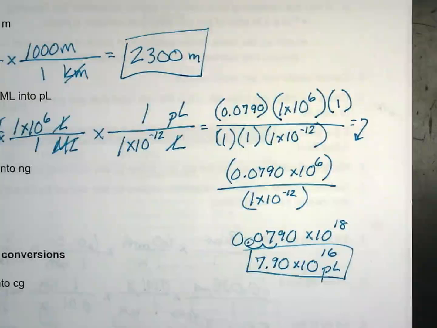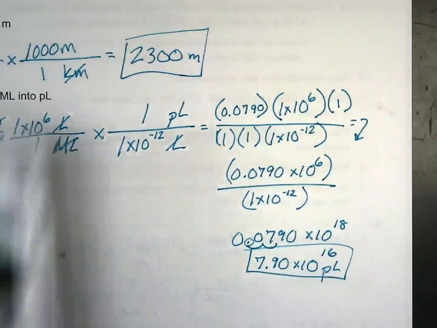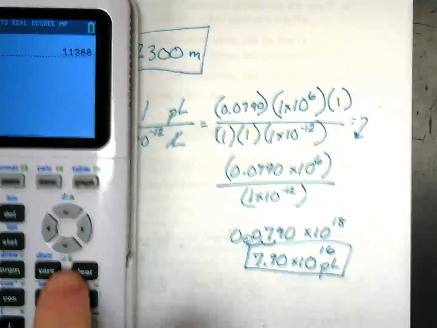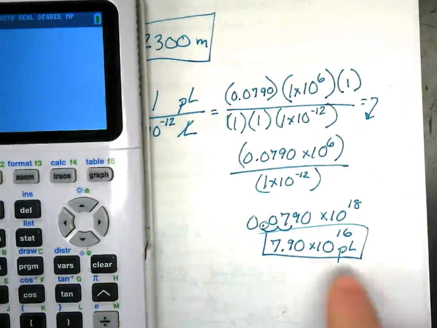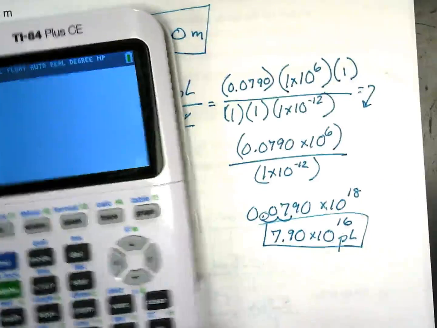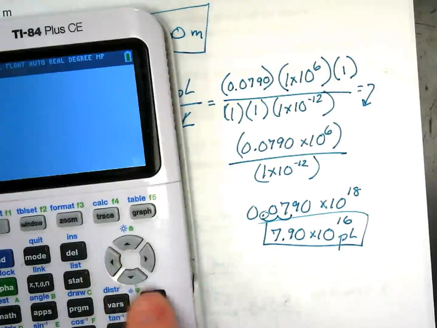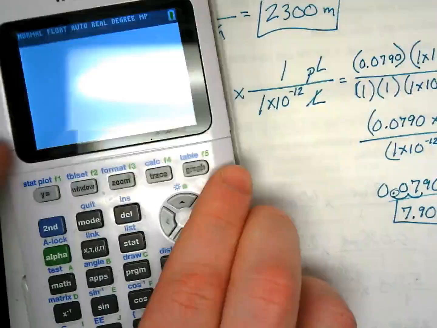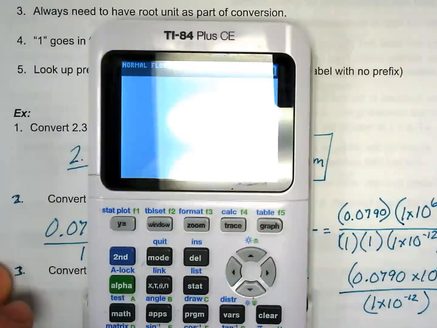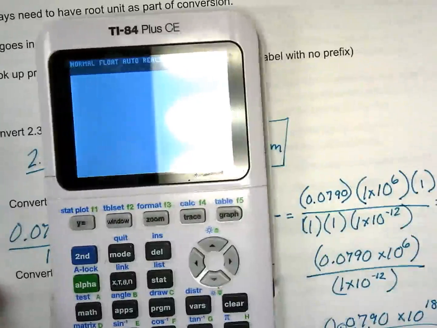Okay. Now, real quick, I'll show you, if we plug this into our calculator, we will get this answer. So, let me get it to a spot where I don't have that nasty glare, if I can find it. Okay, that kind of stinks.